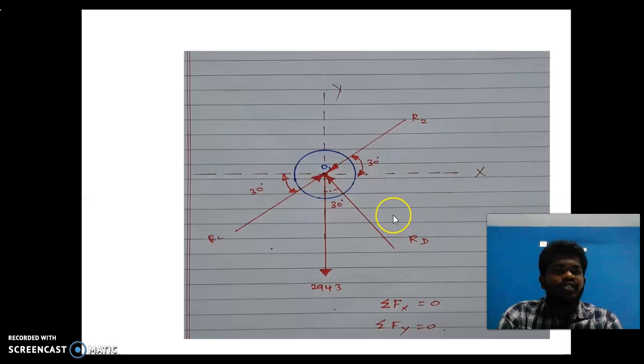Two equations: sum of horizontal forces equal to 0, sum of vertical forces equal to 0. Two equations, two unknowns; only RC and RD are unknown. Here R2 is equal to R1, and R1 is equal to R. We substitute the values and find the X and Y components. We use the two equations to find the unknowns RC and RD. Thank you.